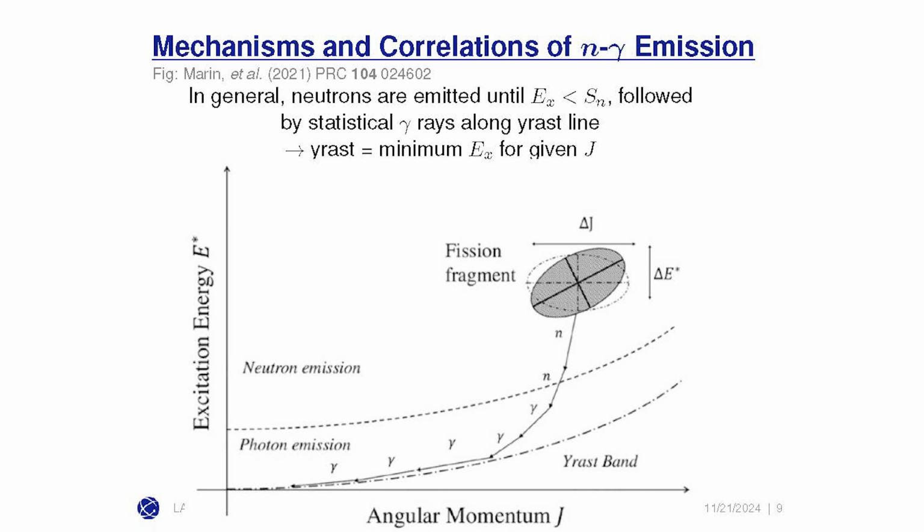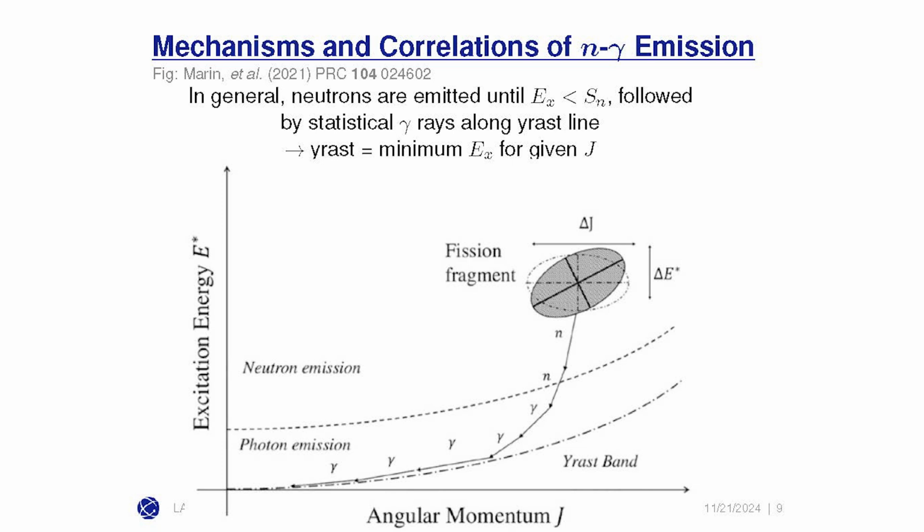The fission fragment, once it's initially created, is typically in a highly excited, highly deformed state. And if you have enough excitation energy to be above the neutron separation energy, then the nucleus will want to just throw away neutrons, emit them first, so that you can get down to the point where you're losing as much excitation energy as possible and trying to get down towards the ground state if possible.